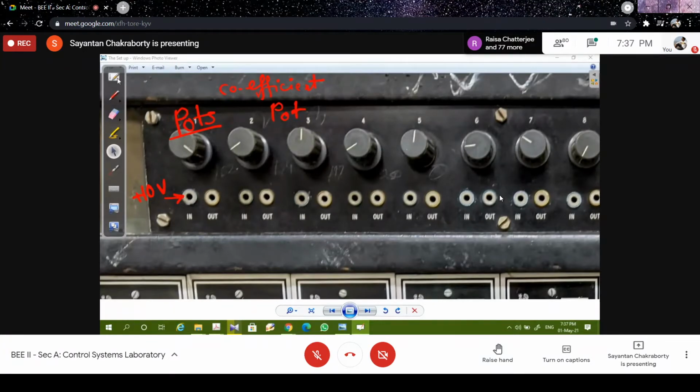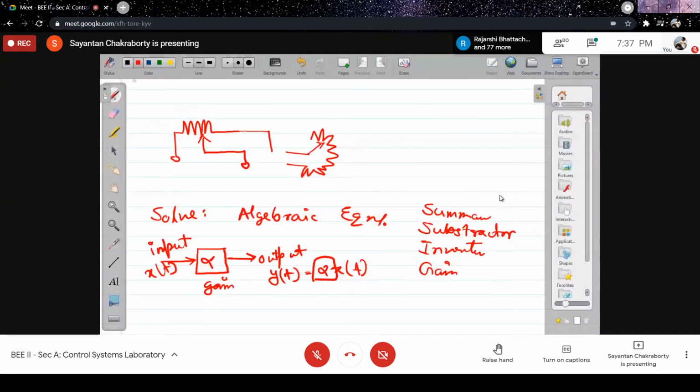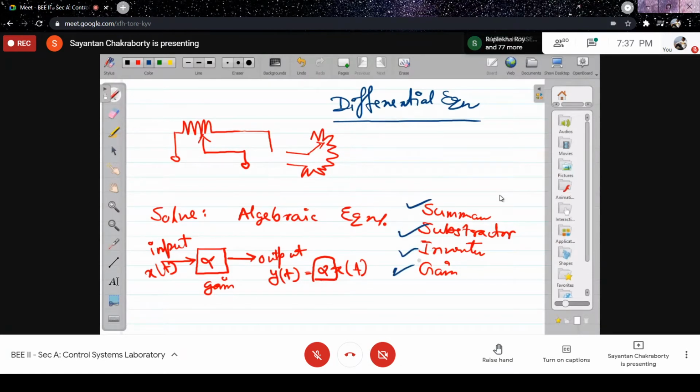Further, you can also solve what is called a differential equation. This will require a summer, subtractor, inverter, gain. Additionally, what would be needed is an integrator, because we know a differential equation requires integration to give the results.